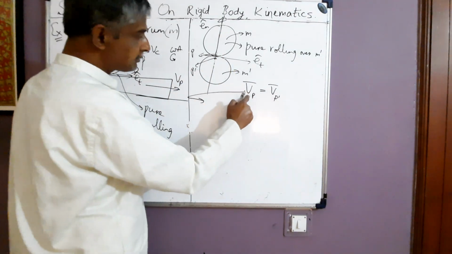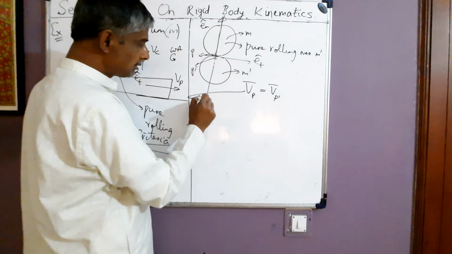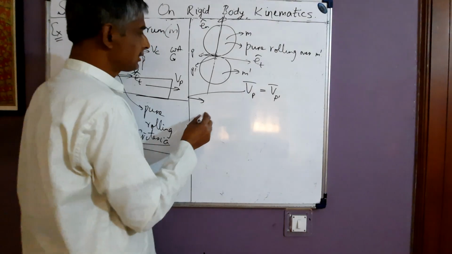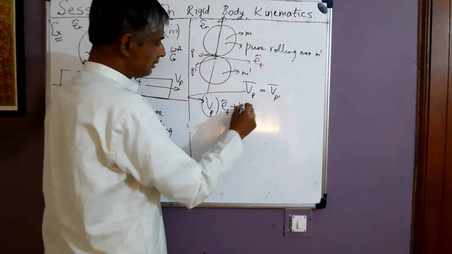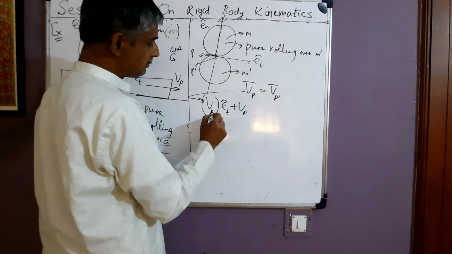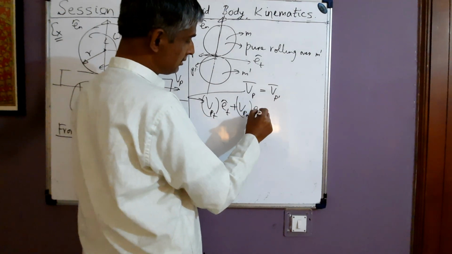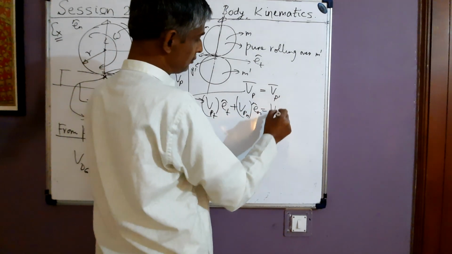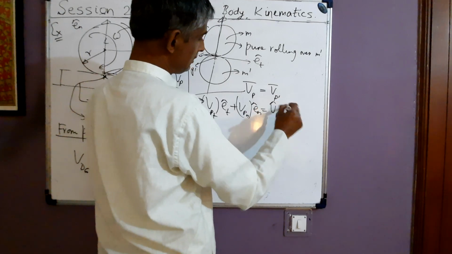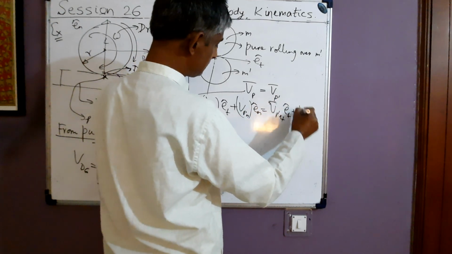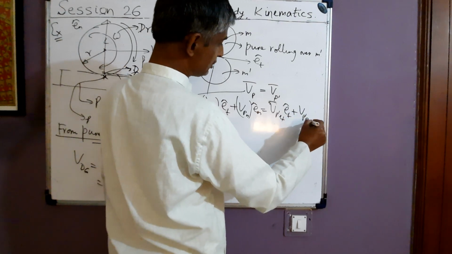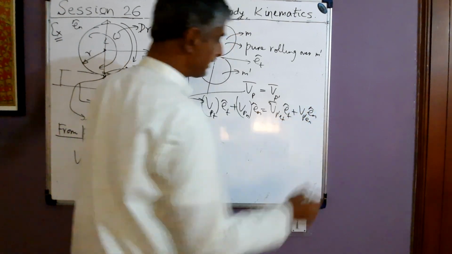So I equated the velocities of the 2 points, they are equal. Now I resolve this along et and en. If I resolve it, then what do I get? Vpt et hat plus Vpn en hat is equal to Vp dash t et hat plus Vp dash n en hat.